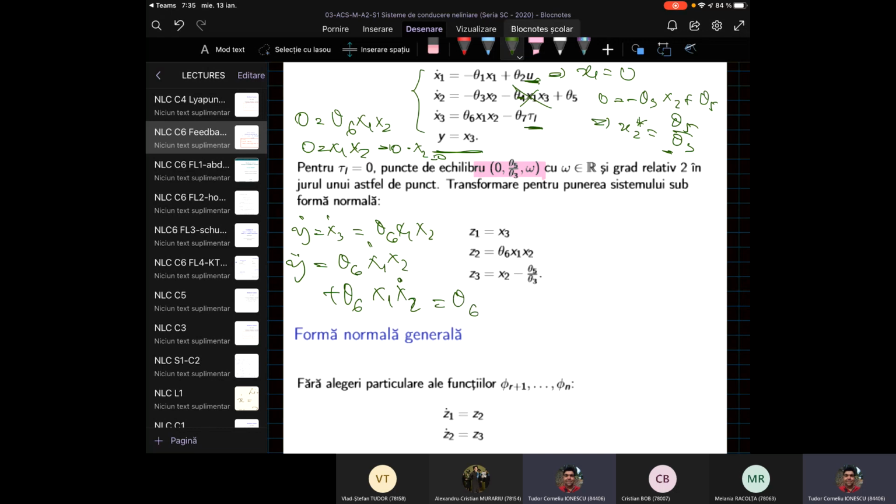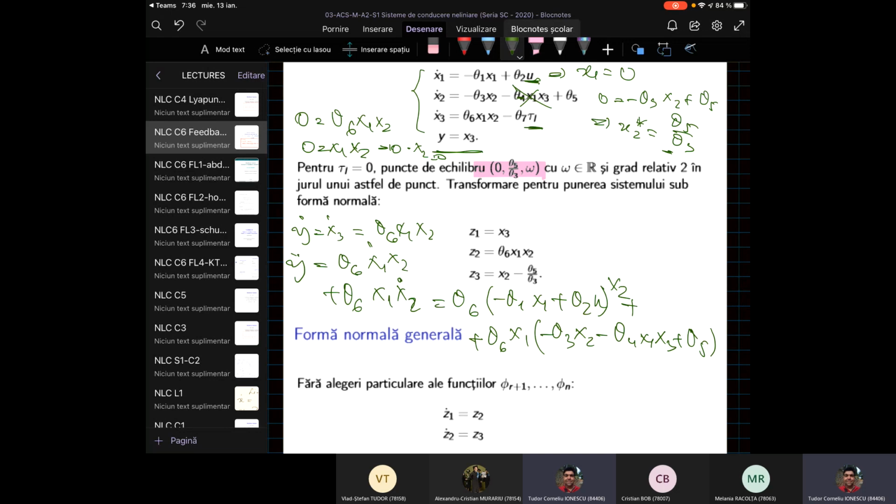So this is theta 6 times x1 dot, that's minus theta 1 x1 plus theta 2 u, plus theta 6 times x1 times x2 dot. I forgot. You agree? Theta 6 x1 times minus theta 3 x2 minus theta 4 x1 x3 plus theta 5.